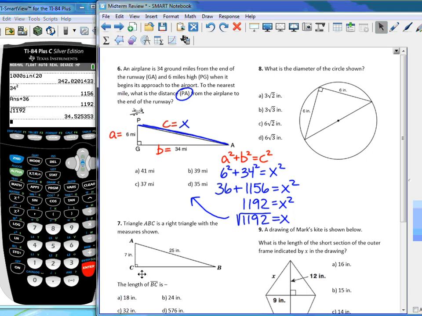And I get 34.525. 34.5 is closest to this one. So once again, in the calculator, that was 34.52. So you can see how I got to the answer choice.